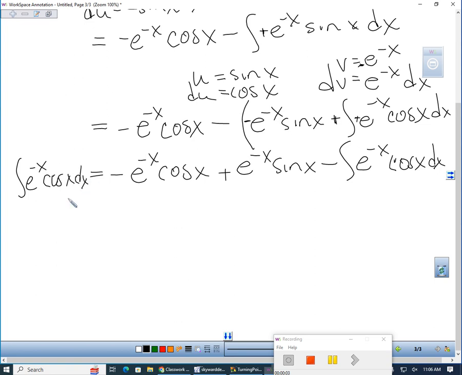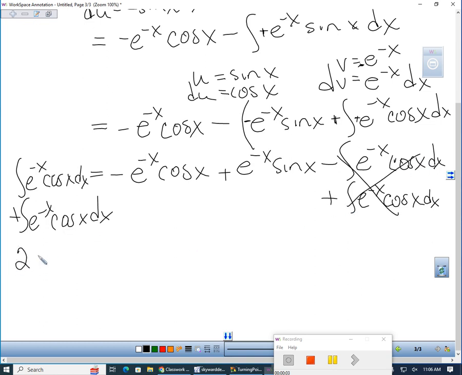So now what's my next step? Add it over. So I'm going to add this integral to both sides. Right, so these are gone.